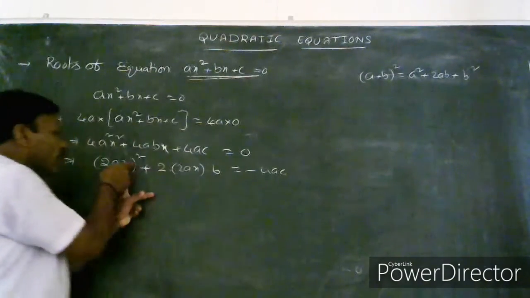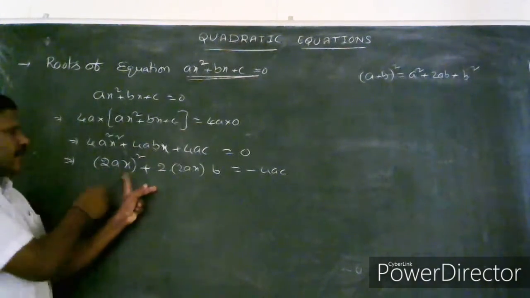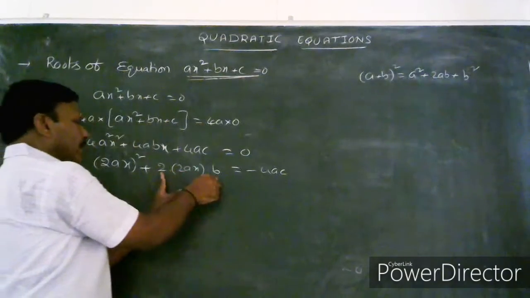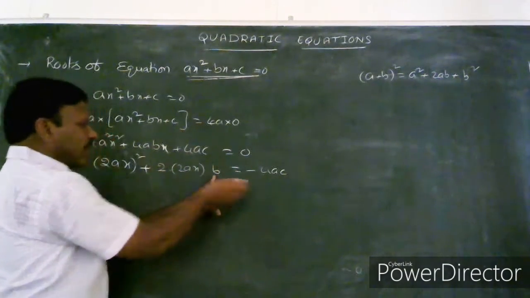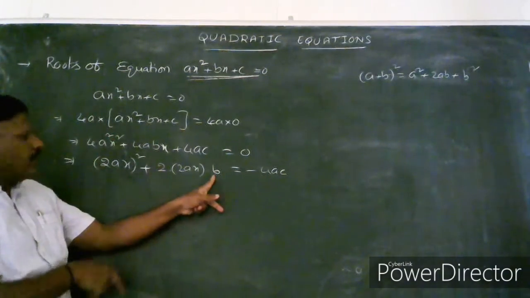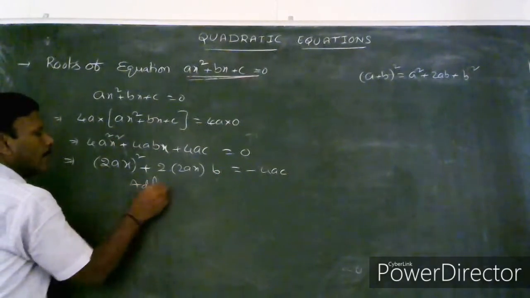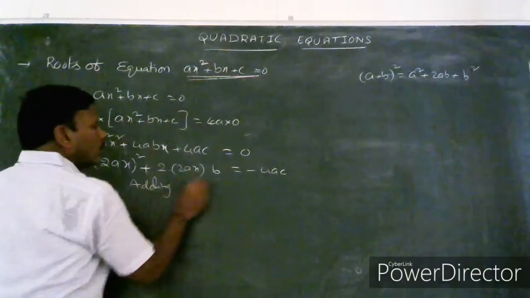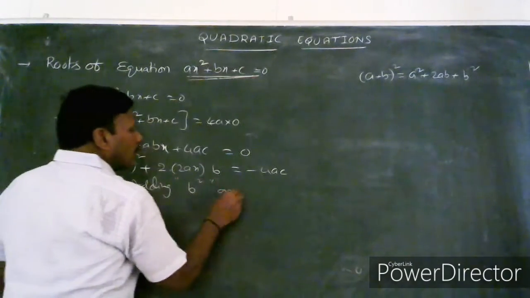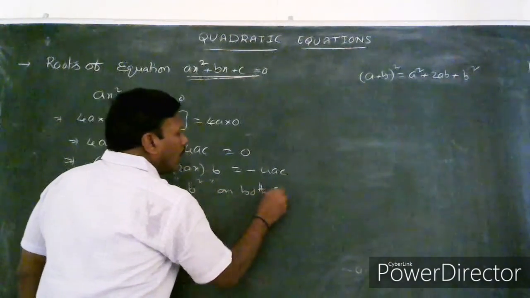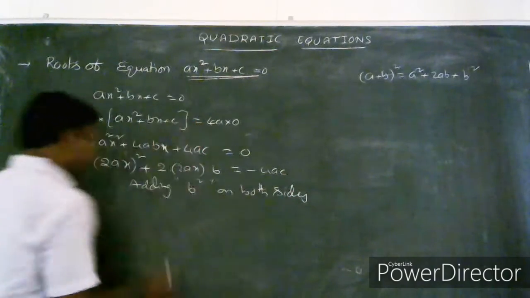Now we have (2ax)², that is a², plus 2ab, but there is no b². So adding b² on both sides.